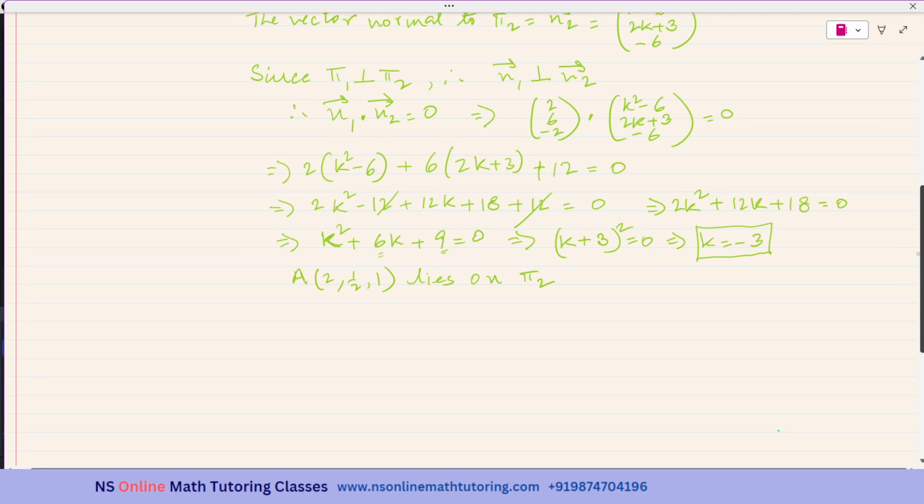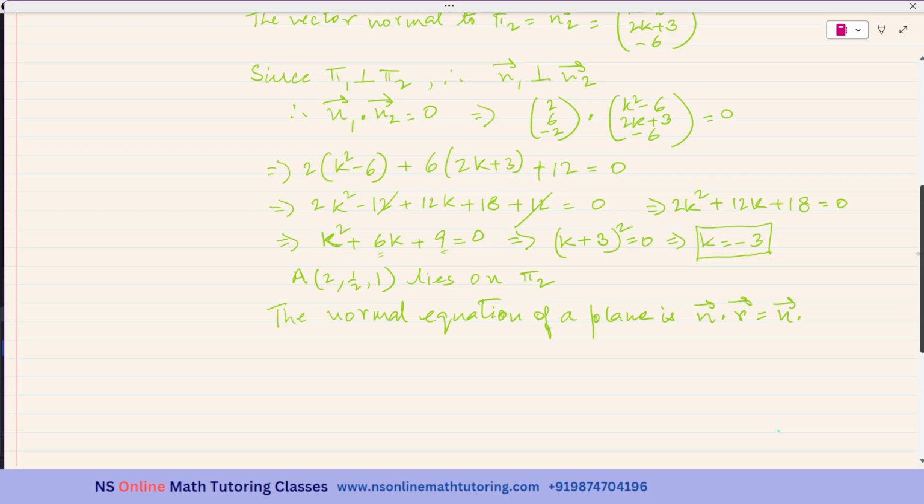So, therefore, the normal equation of a plane is n dot r equal to n dot a, where n is the normal vector normal to the plane, r is the position vector of any arbitrary point on the plane, and a is the position vector of a specific point which is on the plane.